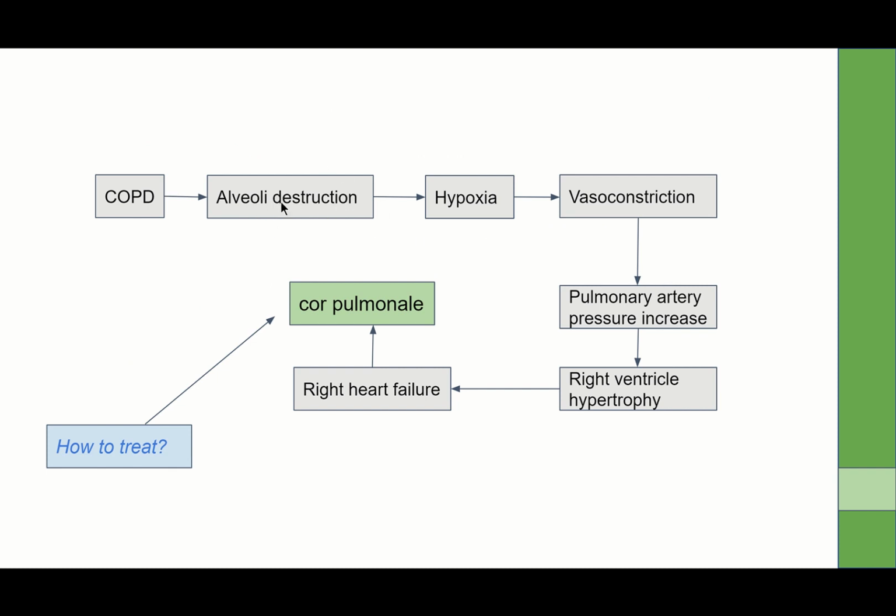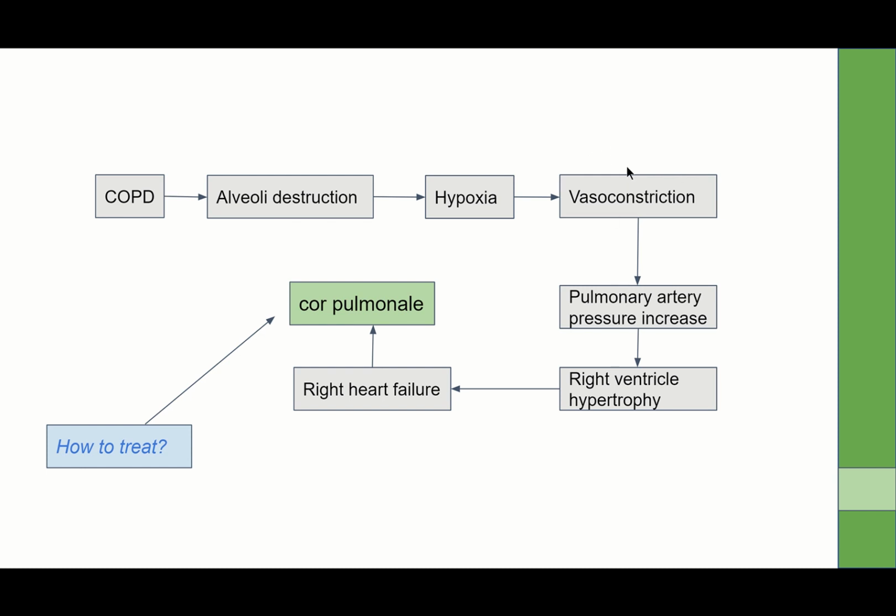The alveoli are destroyed, and the membrane between the alveoli and the blood vessel decreases, so there is not much surface to exchange gas, so it's called hypoxia. As I said earlier, hypoxia will cause vasoconstriction, but COPD is a condition where a large number of alveoli in the lung are destroyed, so there is vasoconstriction all over the lung.